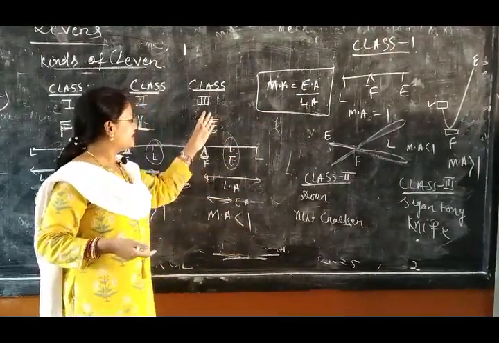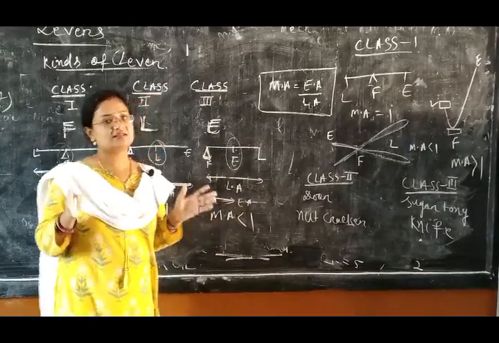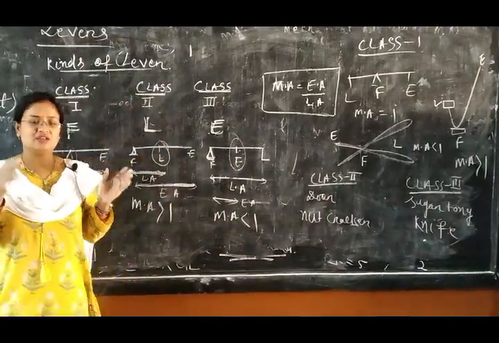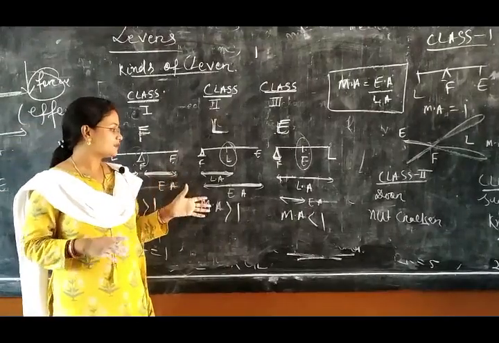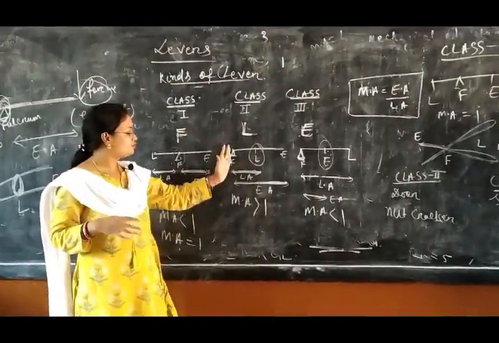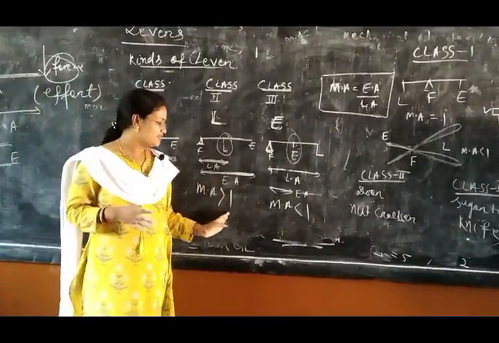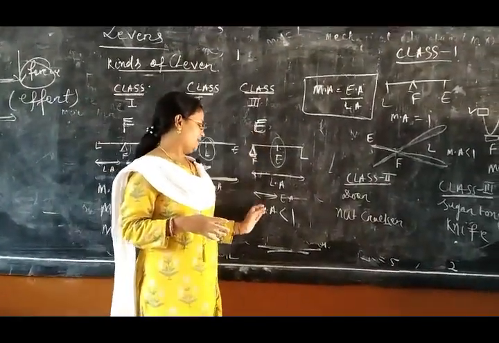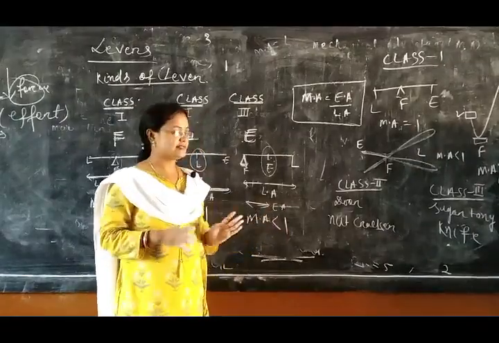So a class 3 lever is used as a speed multiplier. These are the short questions for your exam: class 1 can vary, class 2 mechanical advantage is always greater than 1, and for class 3 the mechanical advantage is always less than 1.